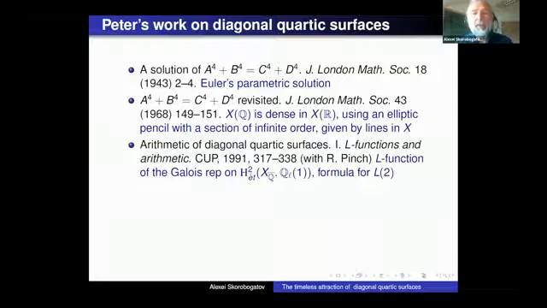So Peter wrote the L-function, I mean, the explicit expression for the L-function attached to the Galois representation on the second étale cohomology group, and he was going in the familiar direction of the Birch–Swinnerton-Dyer conjecture, and he wanted to get an explicit analytic expression for the value of this function at the point 2.